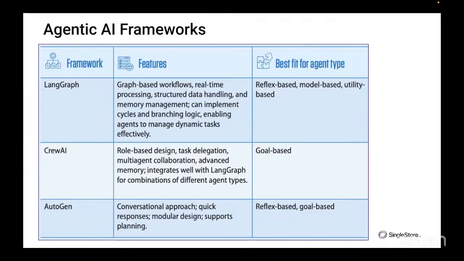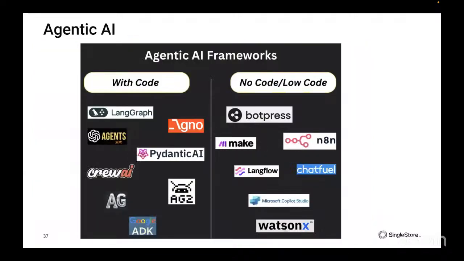And CrewAI has role-based design, task delegation, and multi-agent collaboration, where multiple agents are involved. There is also Autogen from Microsoft, which is good with a conversational approach, quick responses, modular design, and supports planning. And you can also see the best fit for agent type. So again, these are the agentic AI frameworks.